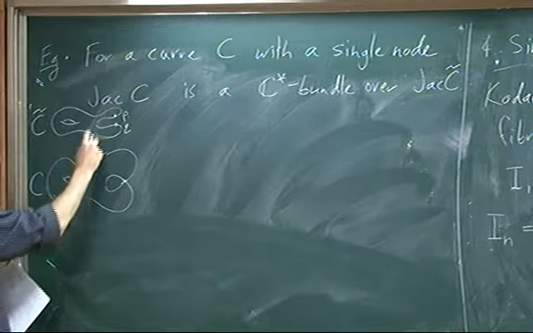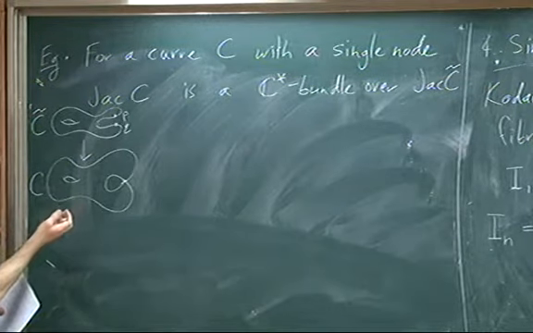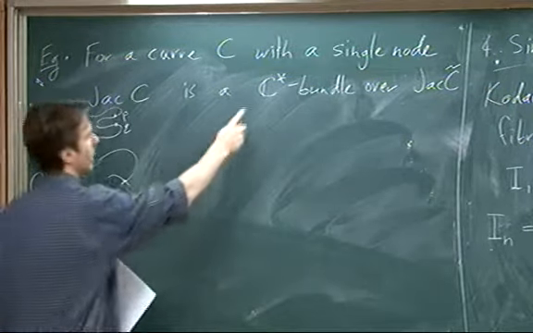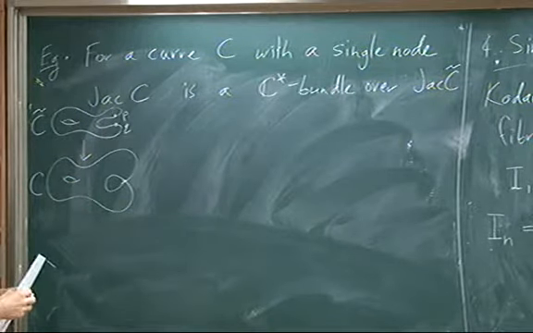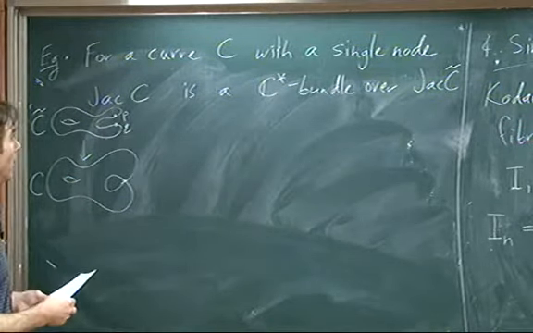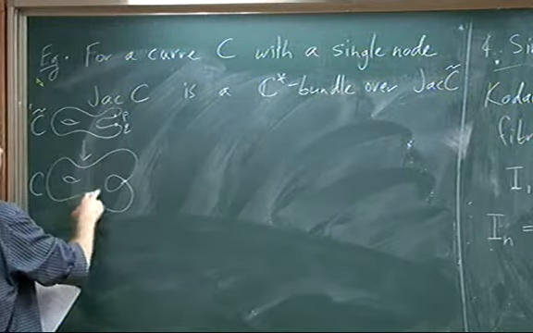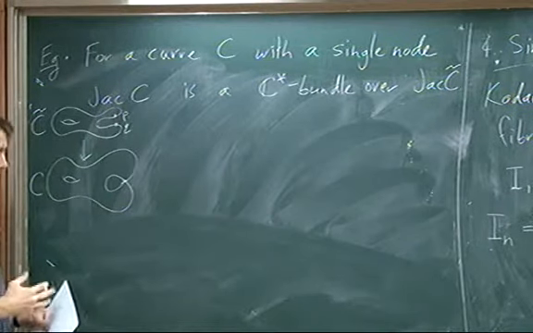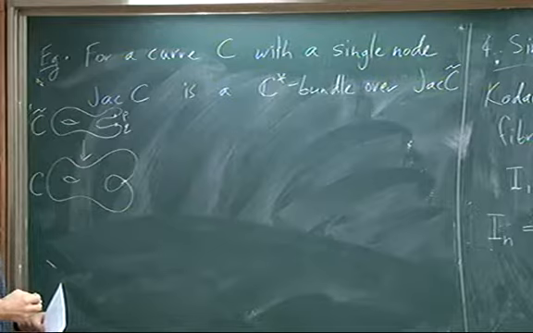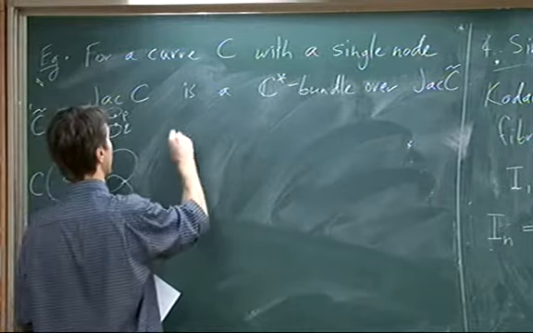So I need an isomorphism between the fibers over P and Q. And that isomorphism is given by this non-zero complex number. Okay, so that'll give me the Jacobian of C, but for the singular curves I need to take the compactified Jacobians. So I need to compactify this C star bundle.